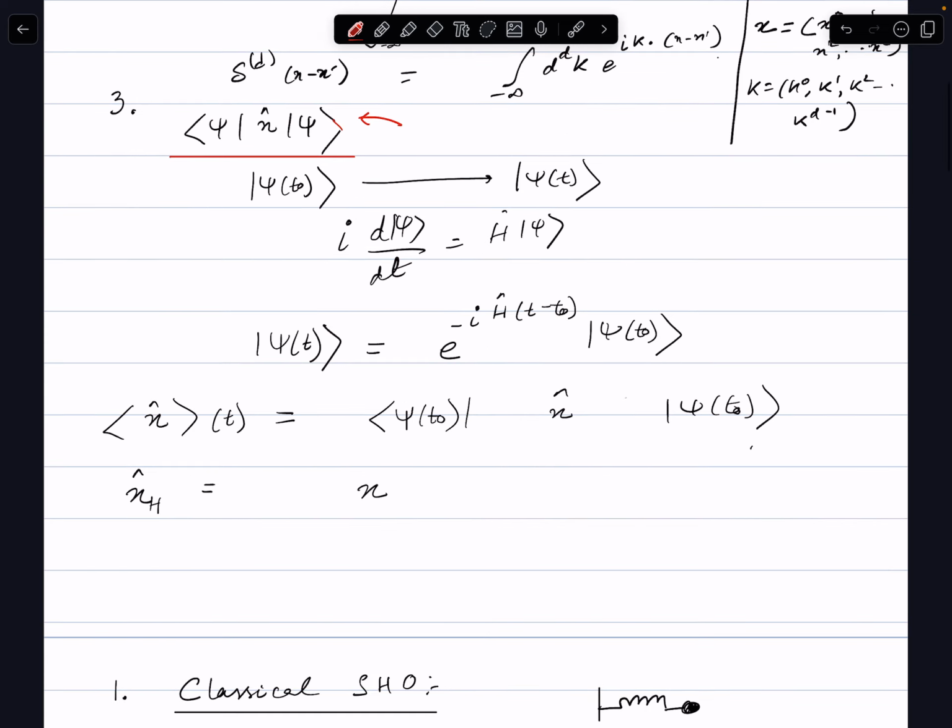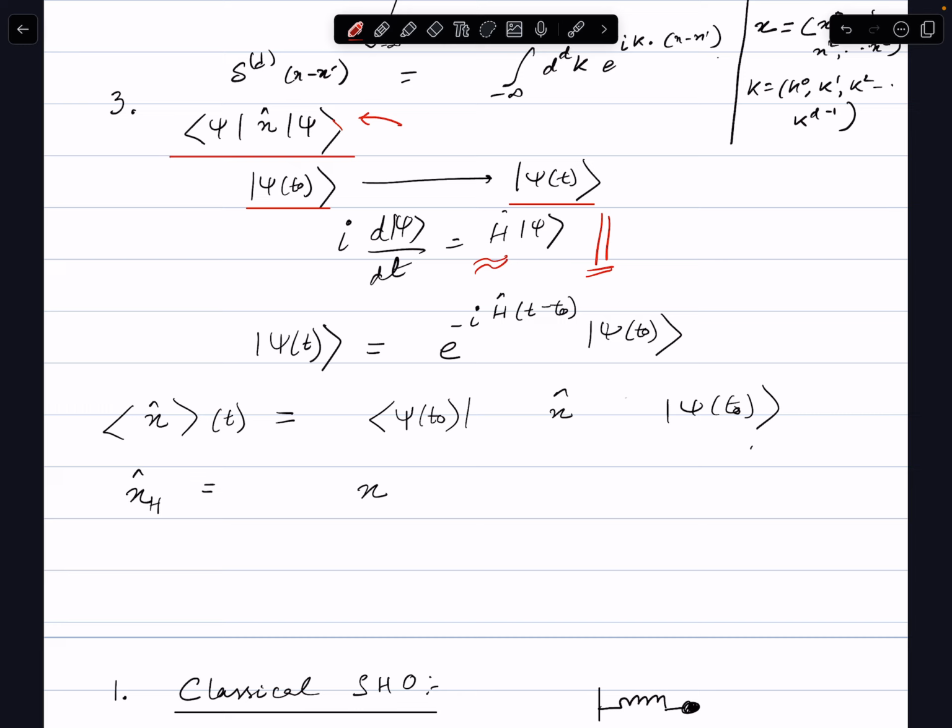So this is some state at t naught, and at a later time it becomes some different state at t, and the way it changes is given by the Schrödinger equation, which tells you the rate of change of the state given the external environment, which is encoded in the Hamiltonian. So this is how the Hamiltonian, whatever it is interacting with, changes the state.